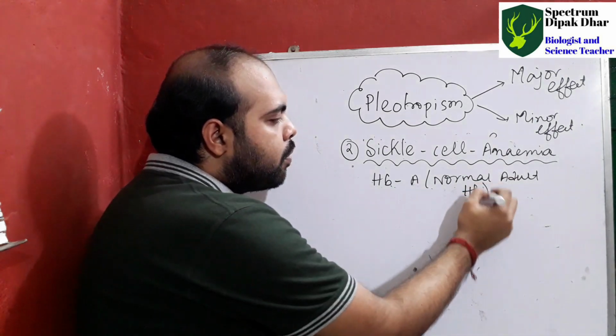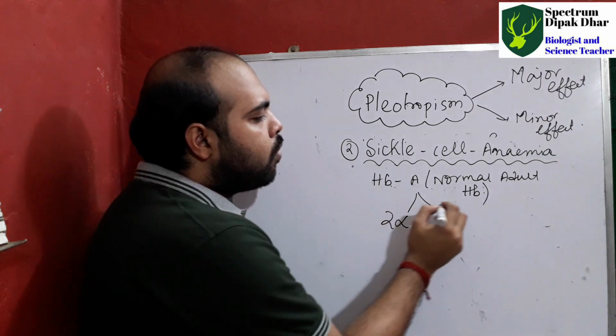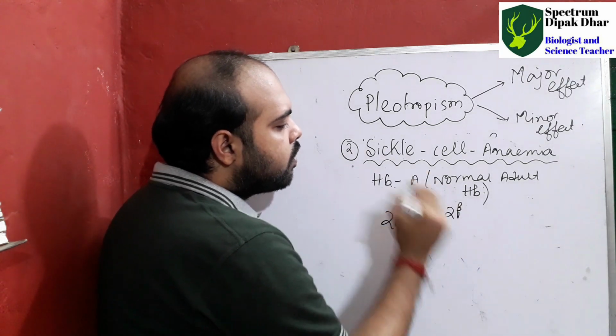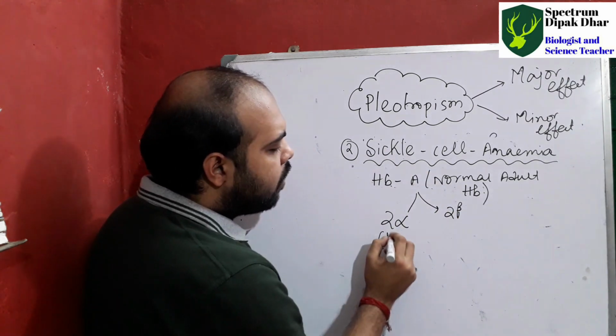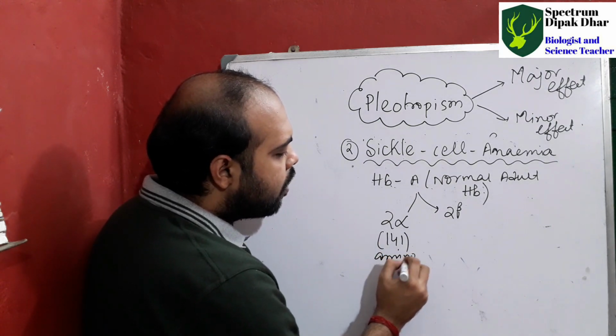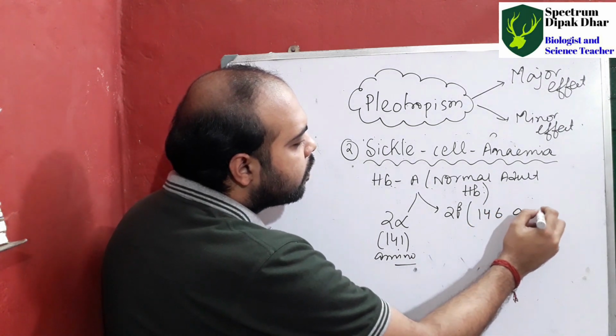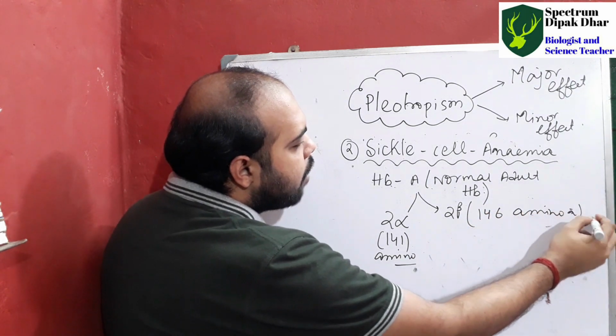Normal adult hemoglobin contains 2 alpha chains and 2 beta chains. Alpha chains are made up of 141 amino acids, and beta chains are made up of 146 amino acids.